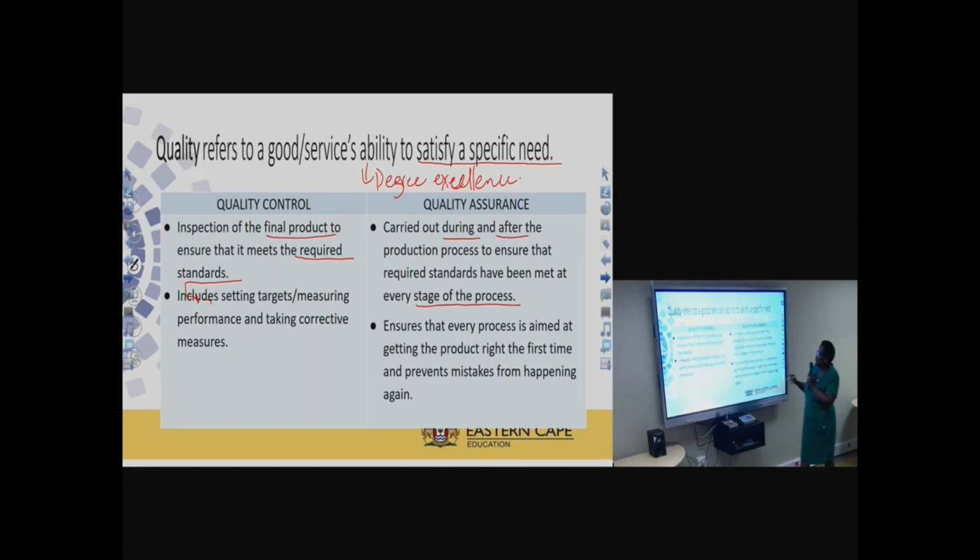Then you set targets, you measure the performance, then you take corrective measures. With this one, you ensure that every process is aimed at getting the product right the first time, and you are able to prevent any mistakes from happening again.